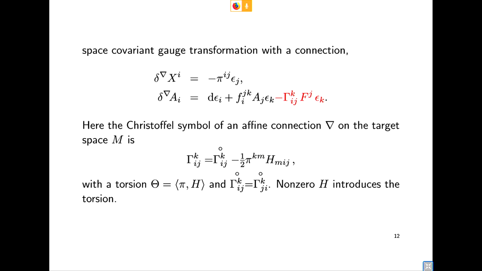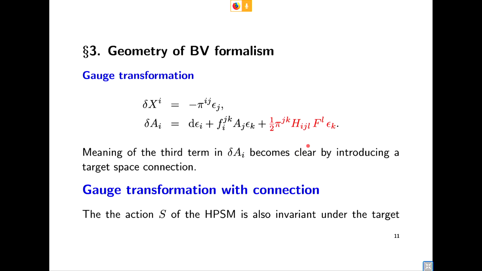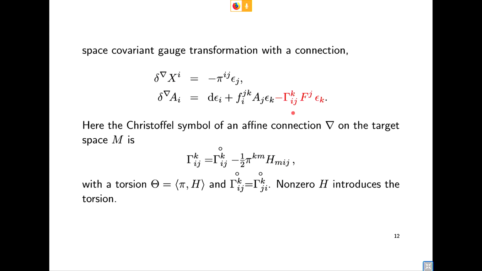So the interpretation of this term is the torsion of the target space connection. This is a more geometrical expression of the gauge transformation, which is in some sense target space covariant. So if H is non-zero, the torsion term is introduced.